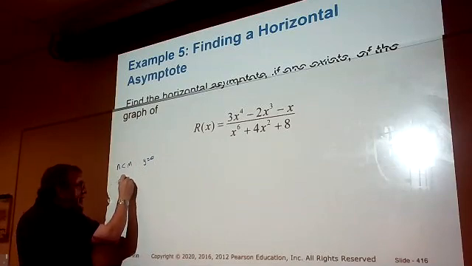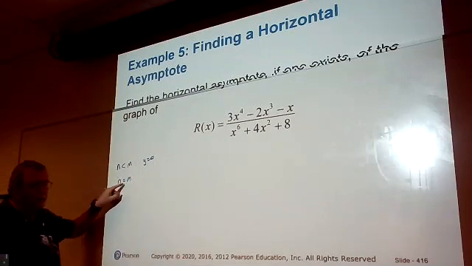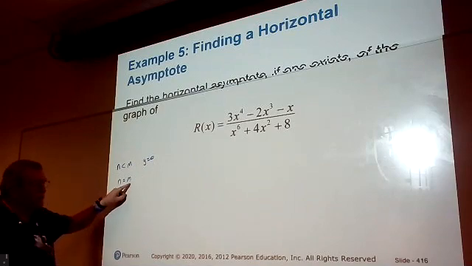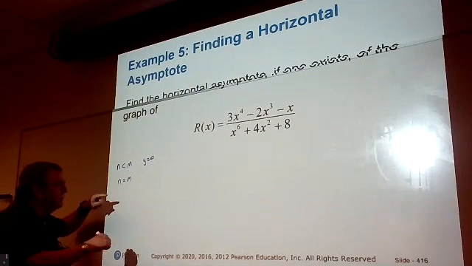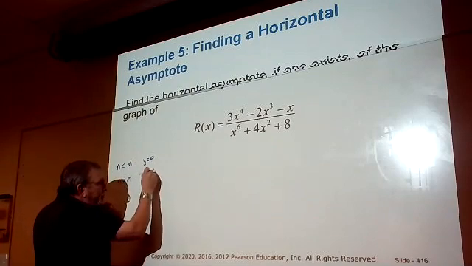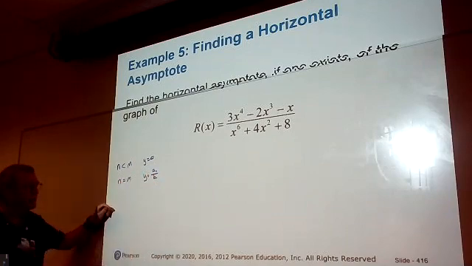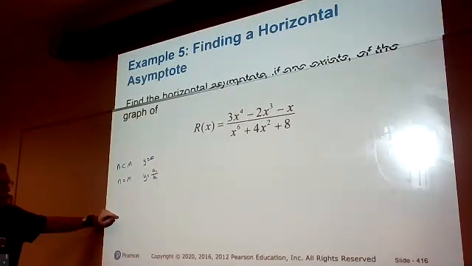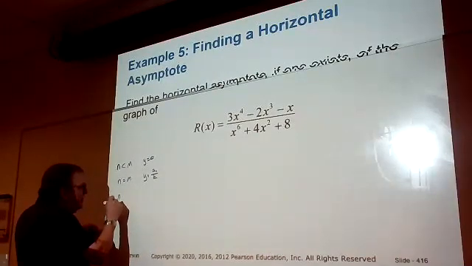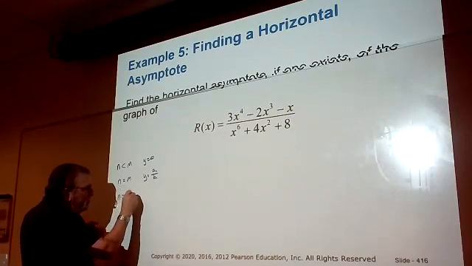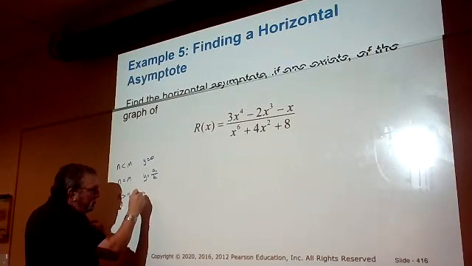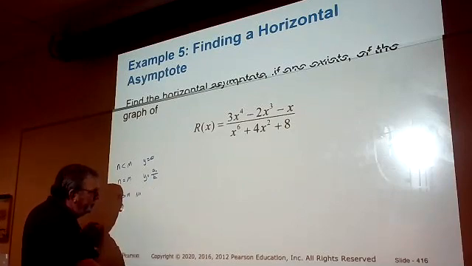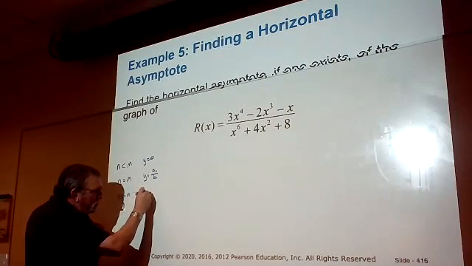If the degrees agree, meaning they're the same number, you have a third degree over a third degree, or a 12th degree over a 12th degree, then it's y equals the fraction of the leading coefficients. And if n is the larger of the two, you have no horizontal asymptote.